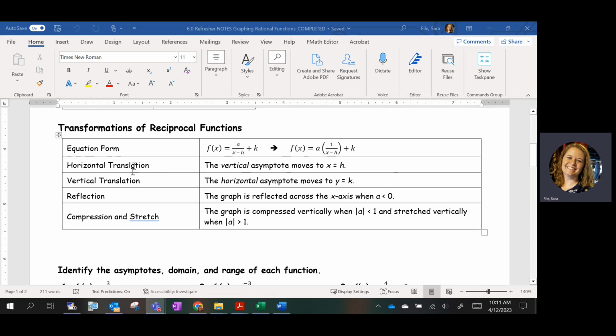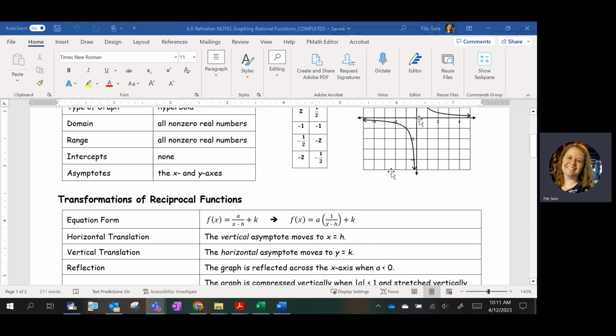And you'll see if you're shifting left or right or up or down, that is shifting your asymptotes, your vertical and horizontal asymptotes that are starting at 0. So this horizontal asymptote is the line y equals 0. If I have a k value moving my graph up or down, that asymptote is going to move up or down with it.